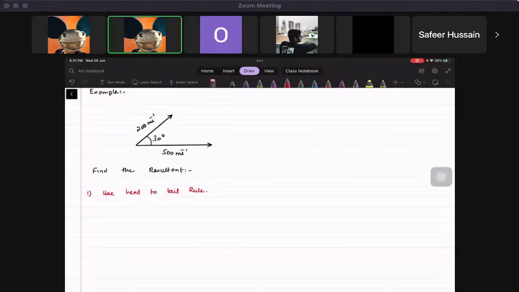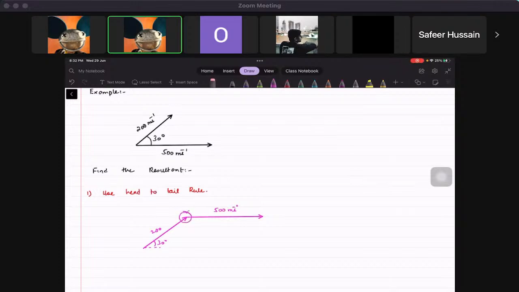So suppose Khatija says that, okay, this time I'm gonna take 200 first. So draw 200 at 30 degrees, and this is 200. And now what you do is draw 500 connected from the tail of the first one. So this is 500. Because it was horizontal, we made it horizontal, right? So your head to tail is complete on this part, you see?